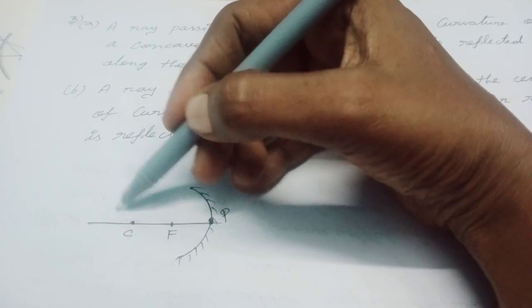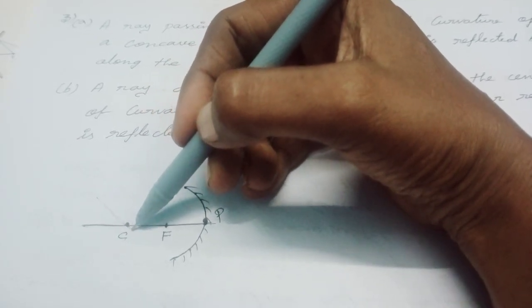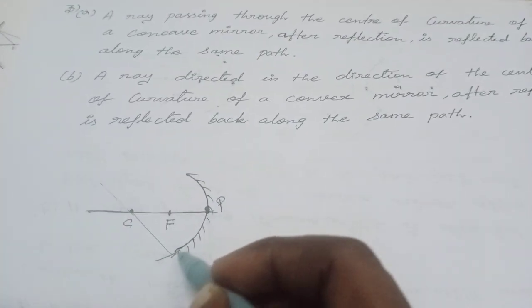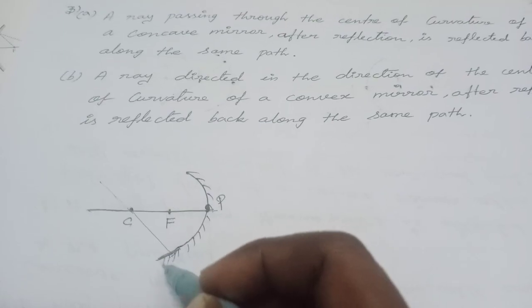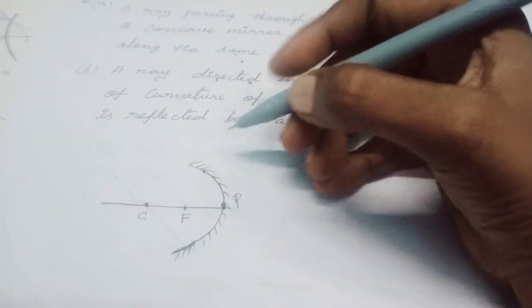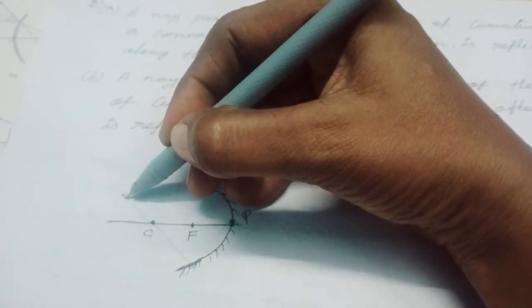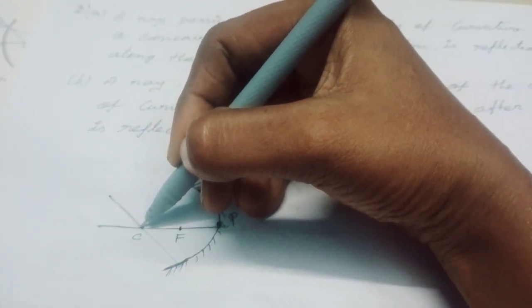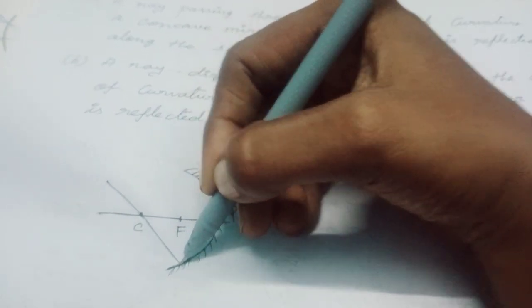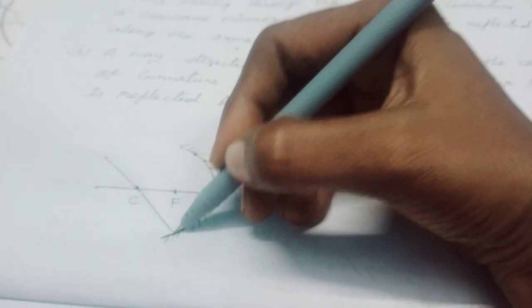It has to pass through the center of curvature like this, and then it has to be incident on the concave mirror. So let us extend this concave mirror like this. This is the incident ray, and it is passing through the center of curvature, and then it is incident on this mirror.